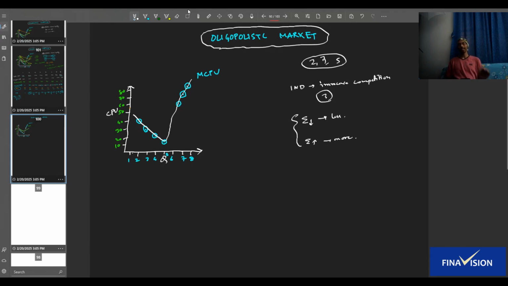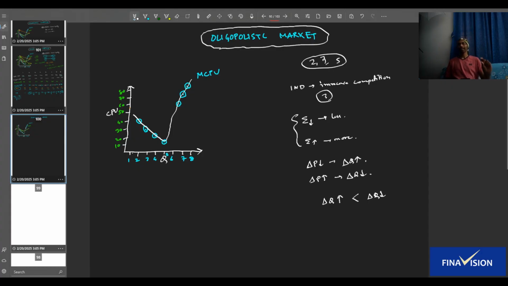Elasticity of decrement is less and elasticity of increment is more. So this basically means that if the price is changed by del P downwards, then naturally del Q moves upwards, and if the price moves upwards, del Q moves downwards. But the difference in sensitivity or elasticity means that the demand change upwards is less than the demand change downward.